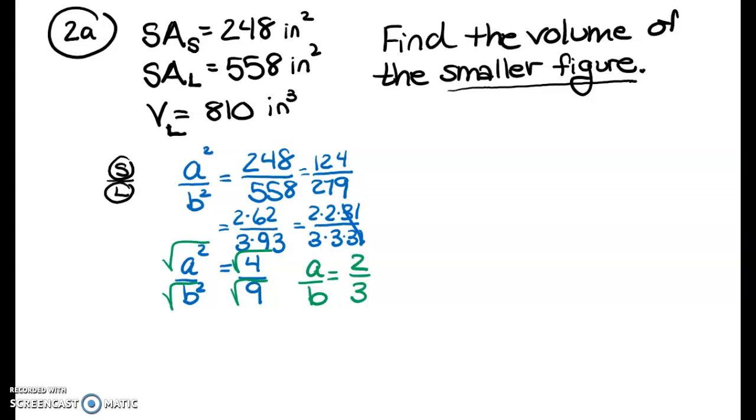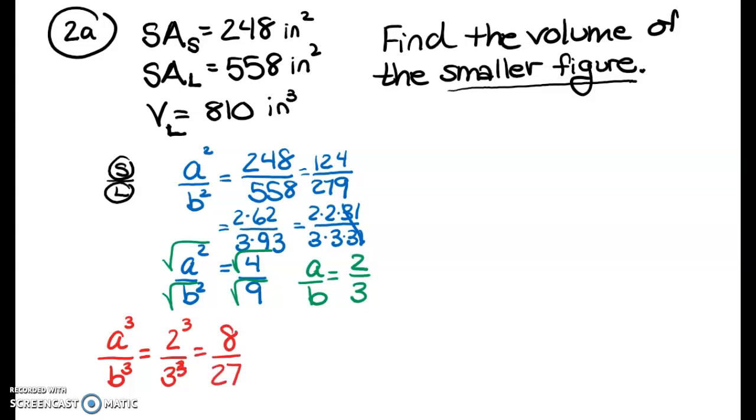So in order to find the volume, I need a cubed over b cubed, which is 2 over 3 cubed. So it's going to be 2 cubed over 3 cubed, which is 8 over 27.